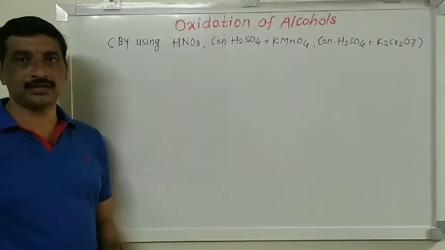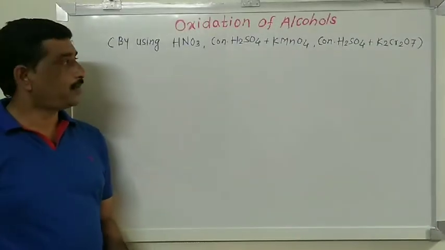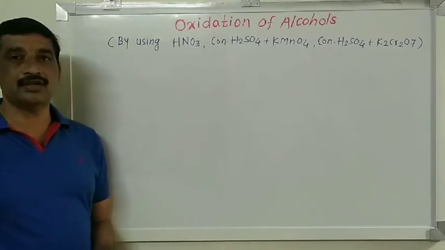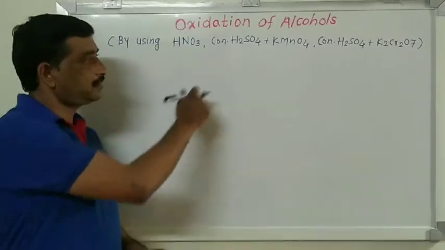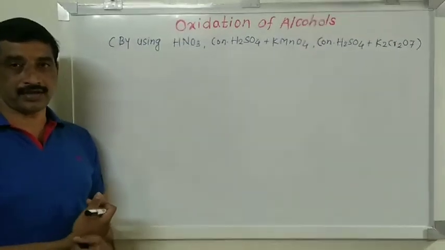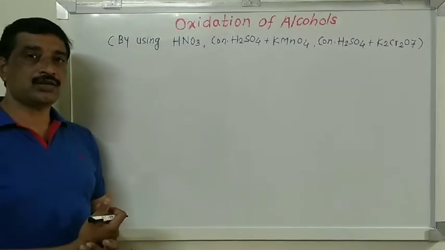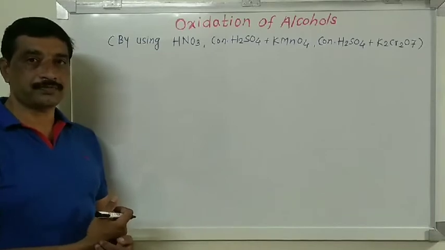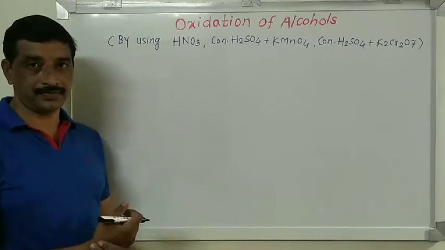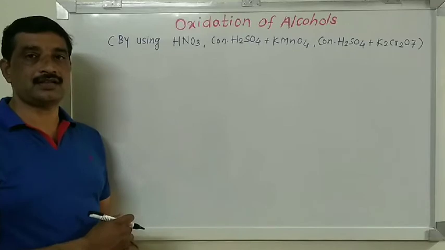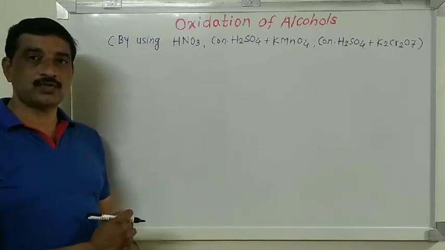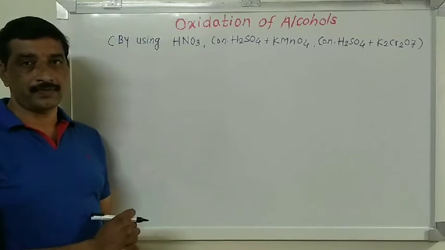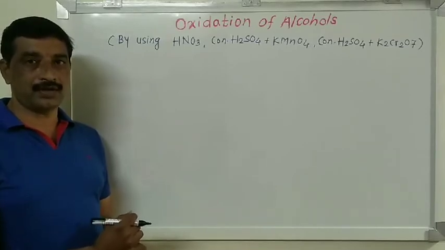They also act as oxidizing agents. When primary alcohols are reacted with such oxidizing agents, the oxidation does not stop at the aldehydic step. The formed aldehydes further undergo oxidation and give the corresponding carboxylic acids having an equal number of carbon atoms.